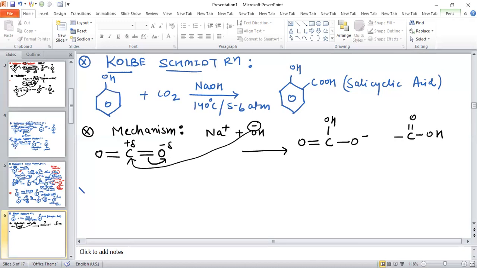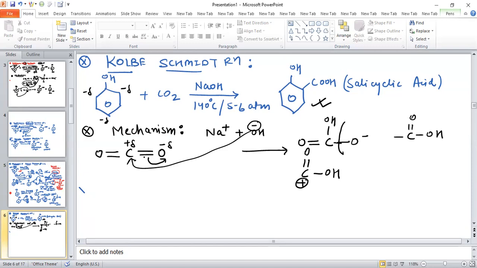So you can easily identify in this way that this bond will break because oxygen is more electronegative and carbon is less electronegative. So this is one of the methods: C plus double bond O and OH. This electrophile will attack at ortho, which is partial negative. So salicylic acid is obtained. This is one of the possibilities.